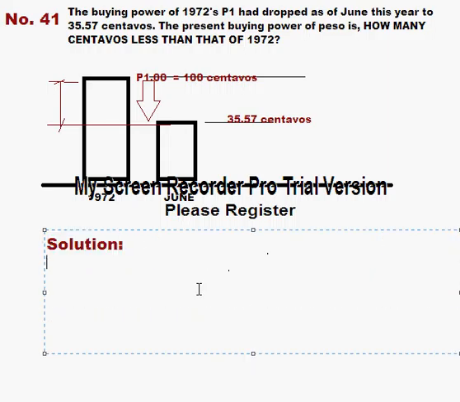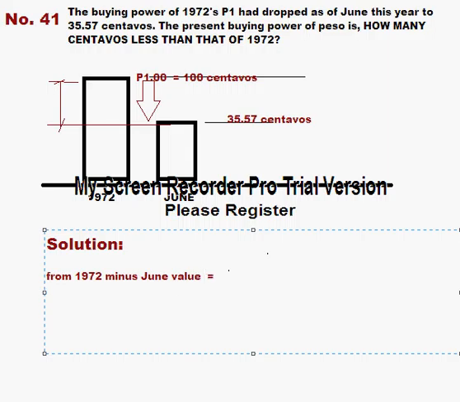So the solution is that in 1972, the value of your 1 peso, then less, minus 35.57, equals that. That is the 1972 value minus the June value. And how much could that be?